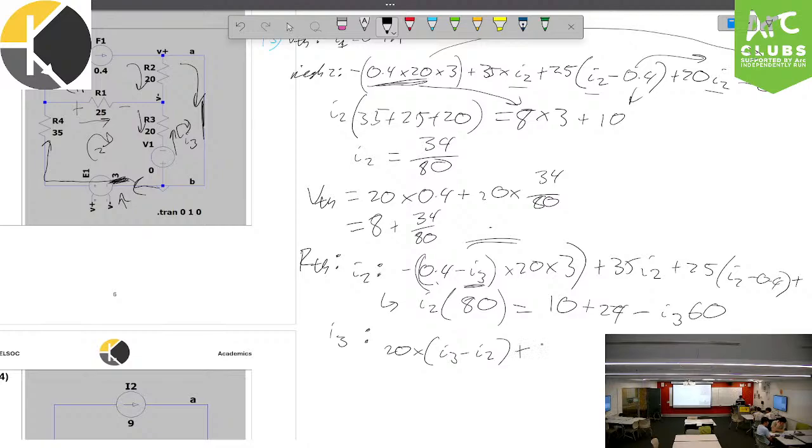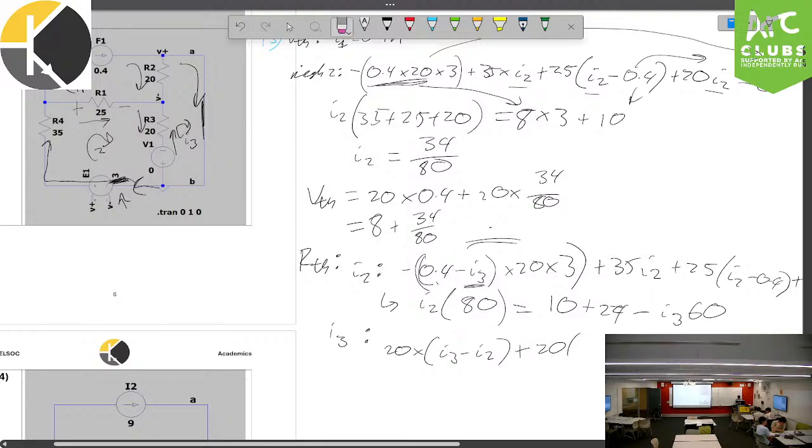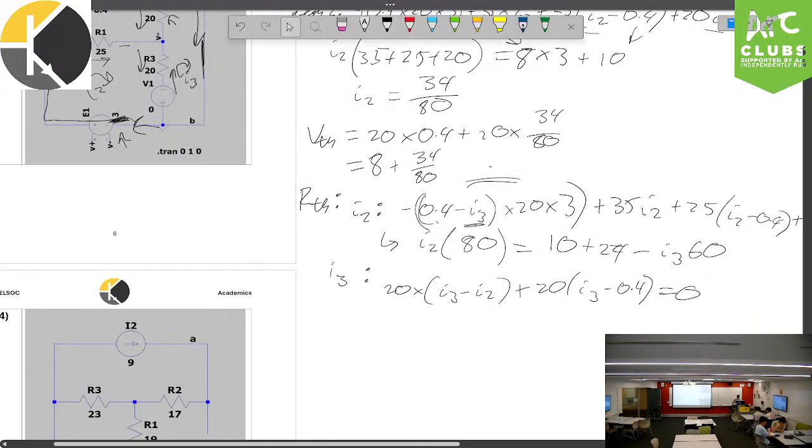And I go plus 20 times, this is for the top resistor now, and once again, the difference I see when going in this direction is this, because I know I1 is equal to 0.4. Total to 0, okay?